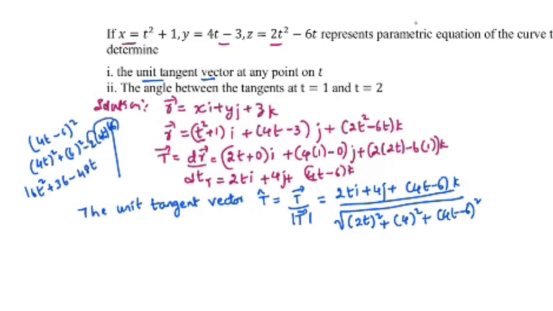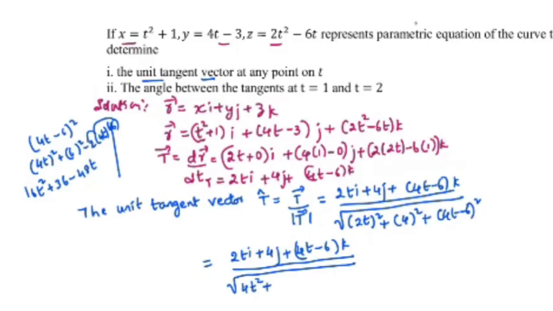Now we will substitute that value: (2t i plus 4j plus (4t minus 6)k) divided by root of 2 2s are 4t square plus 4 4s are 16 plus 16t square plus 36 minus 48t.